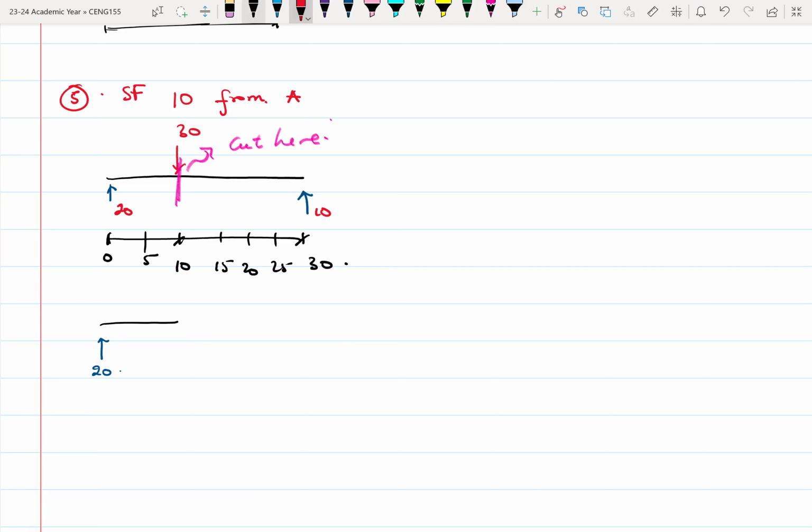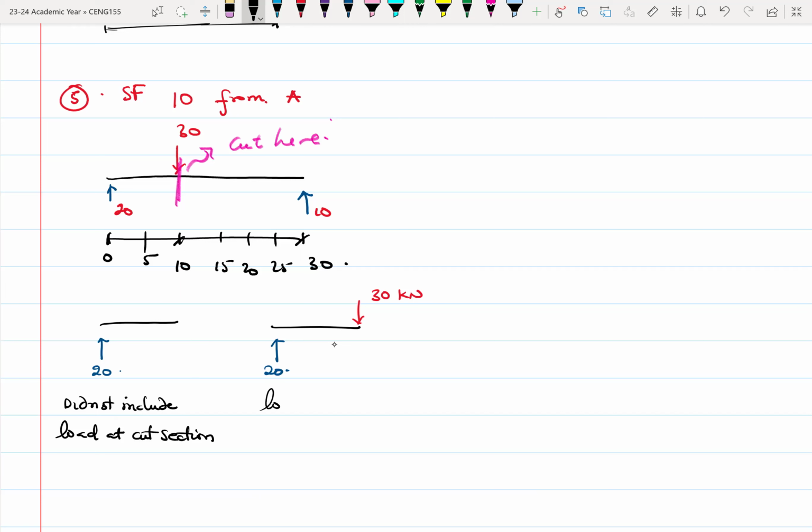So I'm going to draw for both of the two answers which I think are likely. So this is 20, and here I have the 30. Okay. So here, did not include load at cut section.